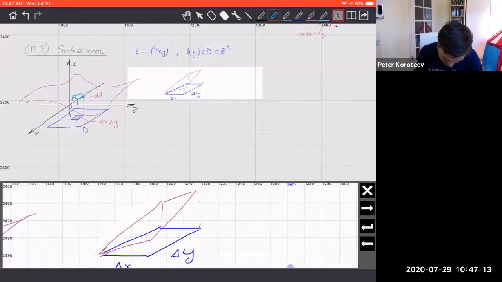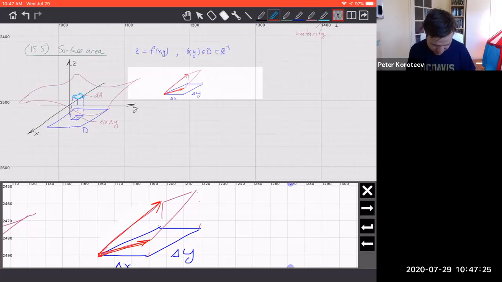So it's a parallelogram that is built on two vectors. The one goes along the x-axis, so it's obtained by intersecting the surface with a plane that is perpendicular to the y-axis, and the other with a plane which is perpendicular to the x-axis.